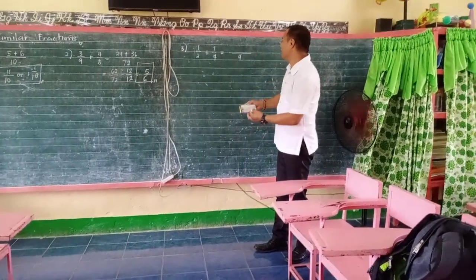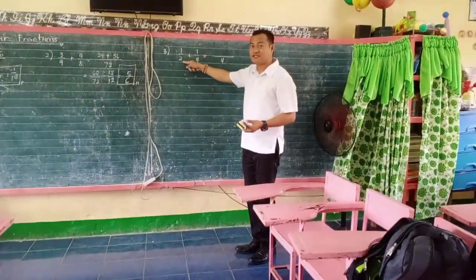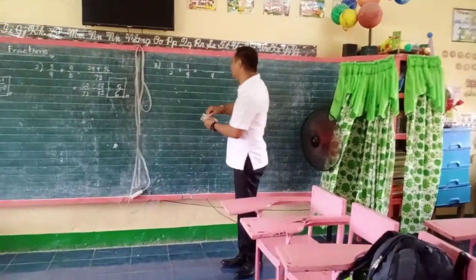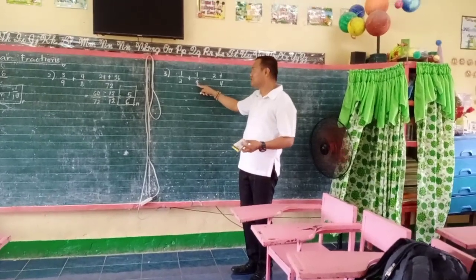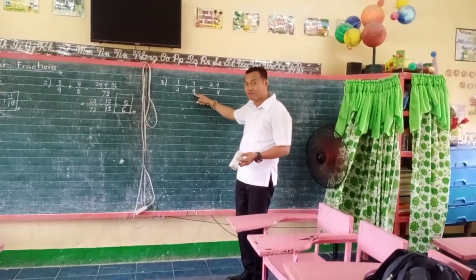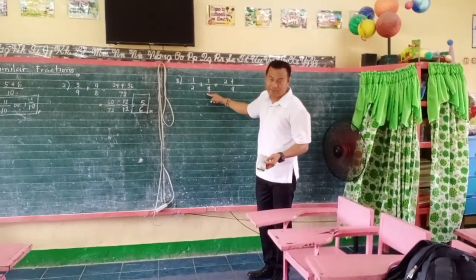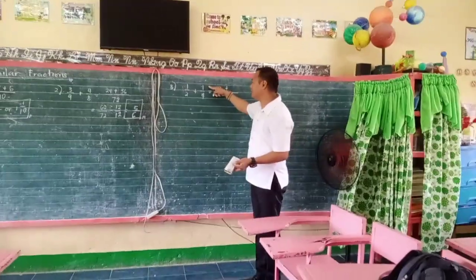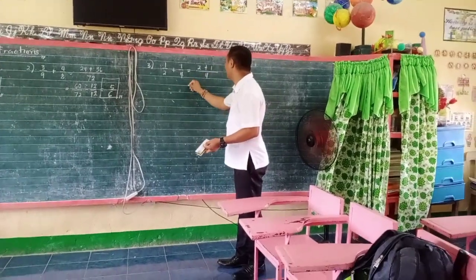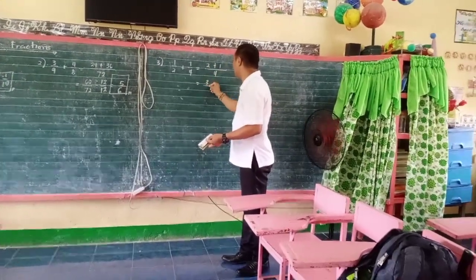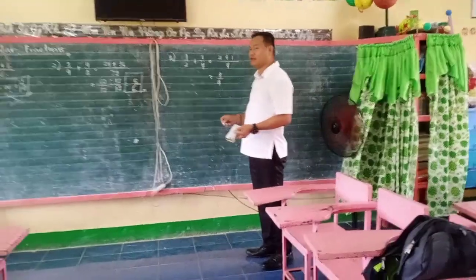Okay, so 4 divided by 2 is 2 times 1 will give you 2. Plus 4 divided by 4 is 1 times 1 will give you 1. So 2 plus 1 is 3, and we copy the denominator, and that is 4.